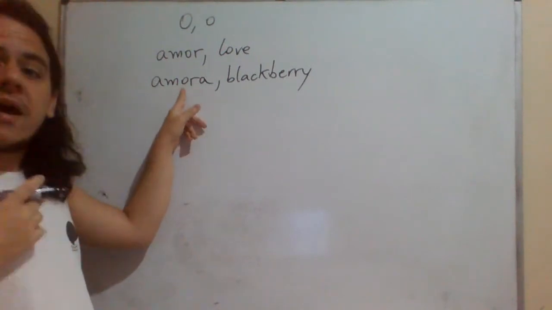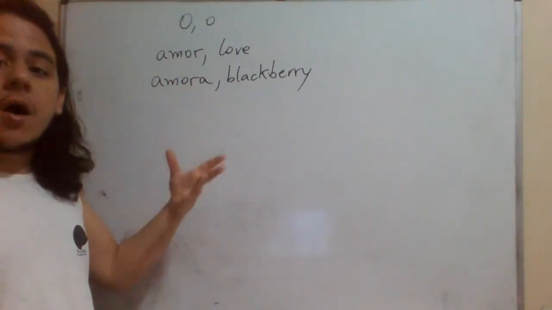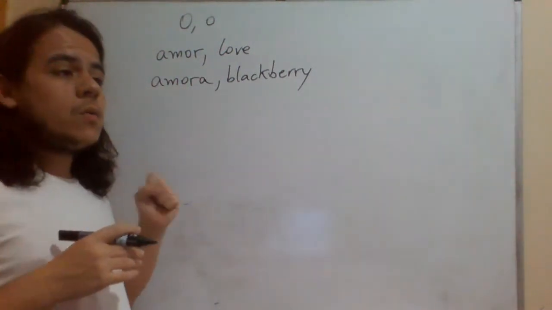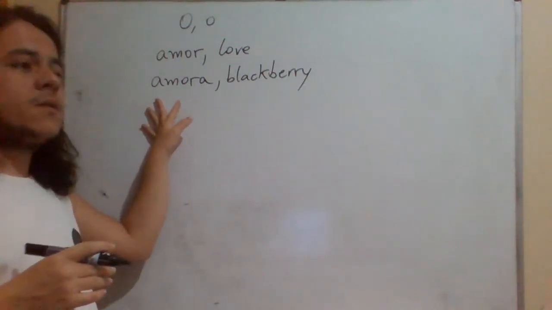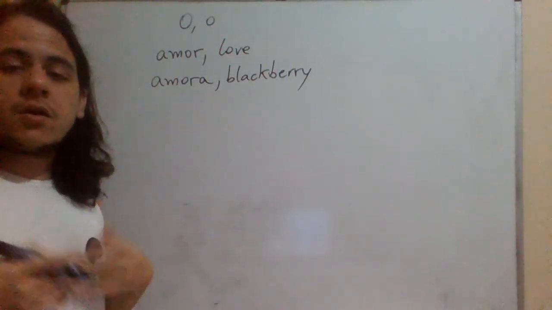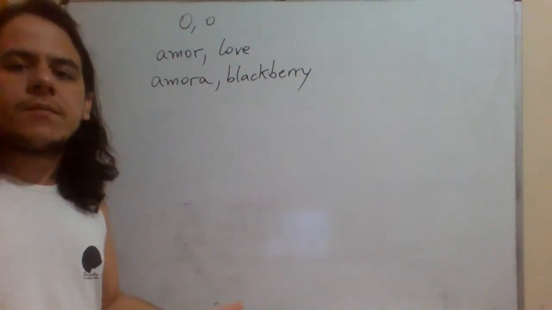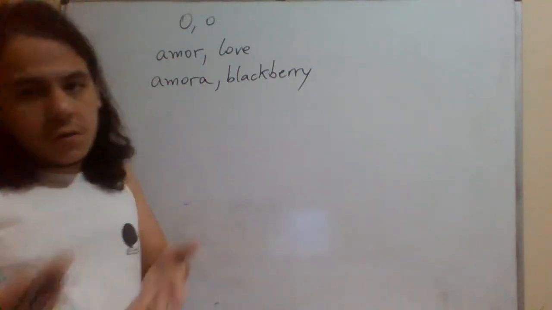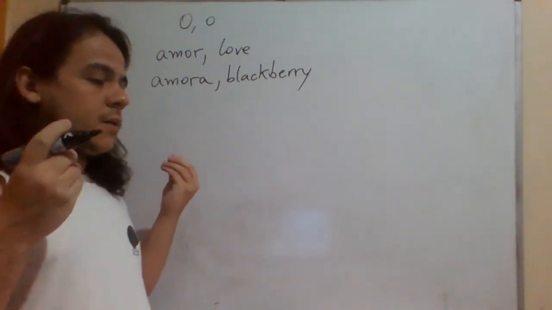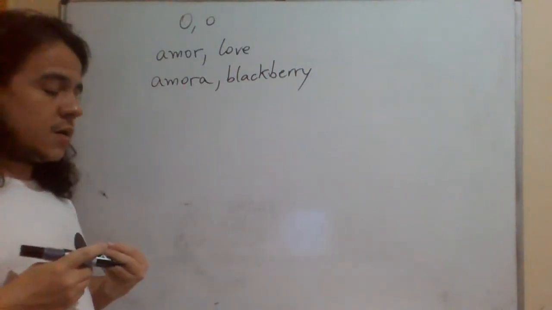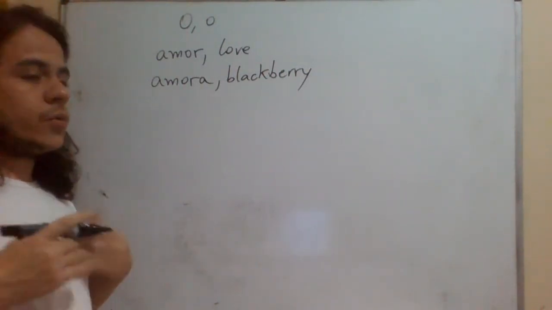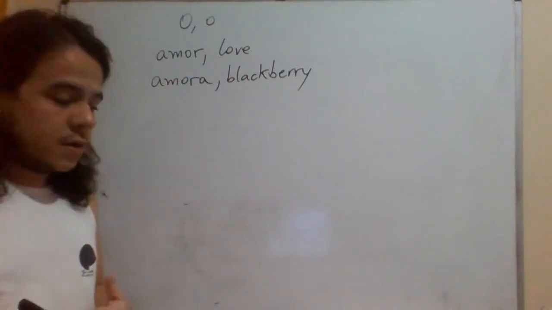Now letter O has this open sound, amora. How will I know that I have to pronounce amor and not amora, for example? Actually, we don't know. We must previously know the word to pronounce it correctly.